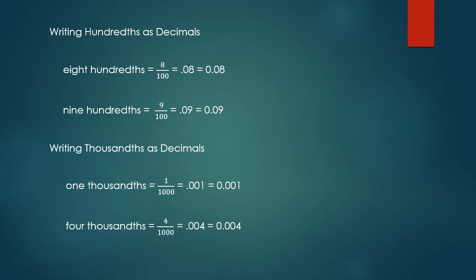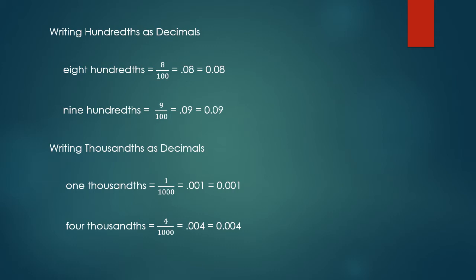9 hundredths. 9 hundredths means 9 upon 100, which is equal to 0.09. In decimal form, we'll write it as 0.09.